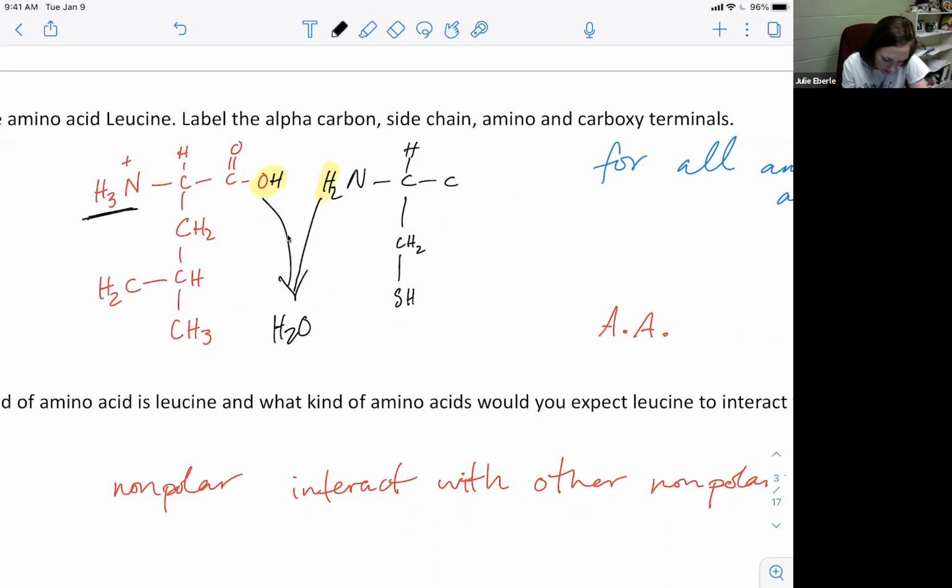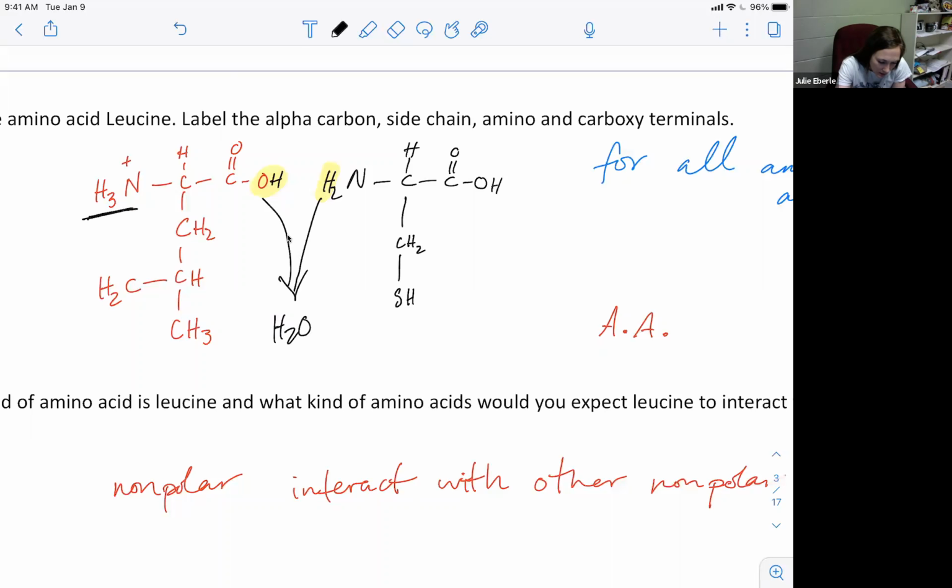CH2SH, okay, so there's cysteine. And we're going to lose the OH from leucine. You always lose that from the N-terminal amino acid, and you lose the hydrogen from the amino group of the C-terminal amino acid. I'm saying C-terminal because cysteine's the one on the right, N-terminal because leucine's the one on the left.